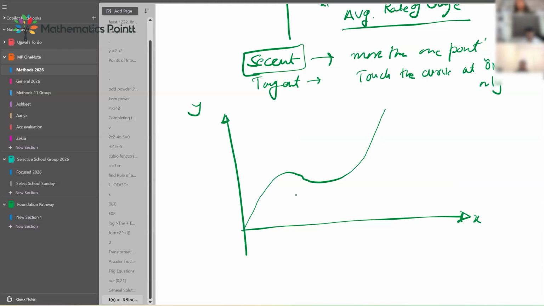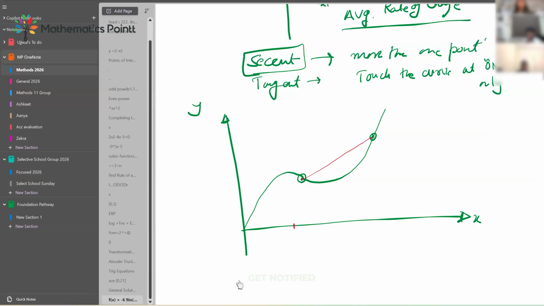And I ask you, all right, let's try to find the rate of change between these 2 points. How do I find it? You say, that's super easy. Just join them, y2 minus y1 over x2 minus x1. So you found the average rate of change between the 2 points.